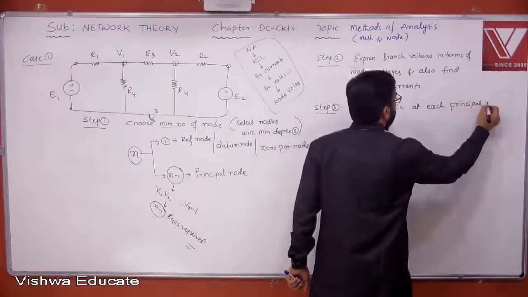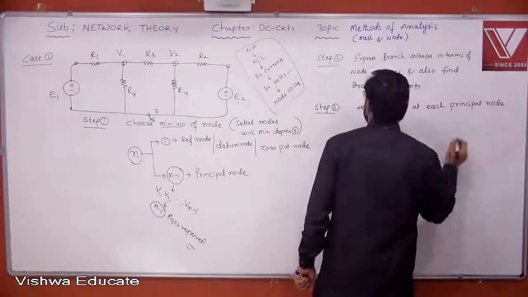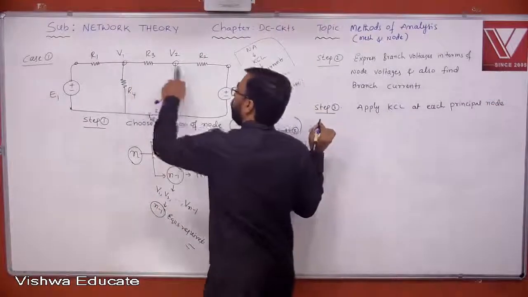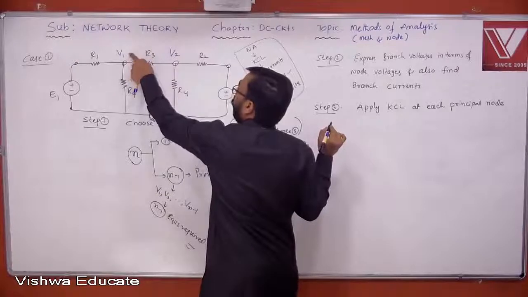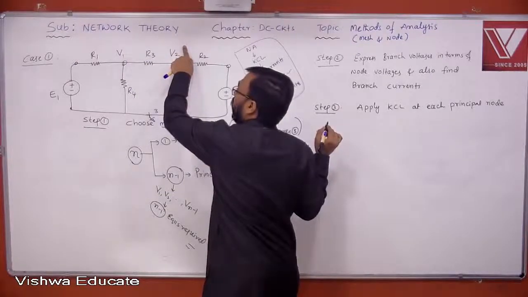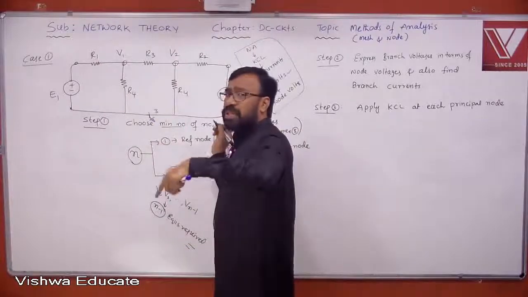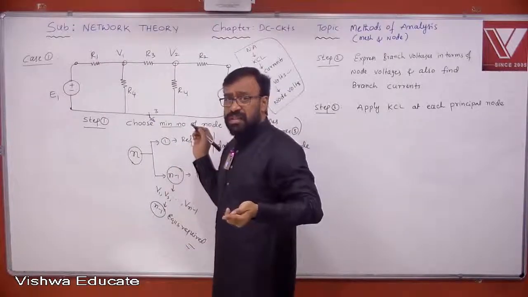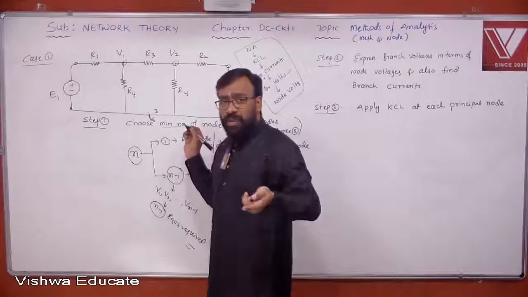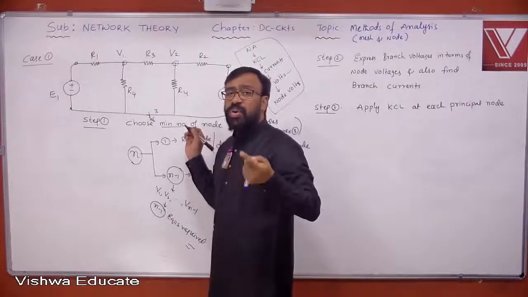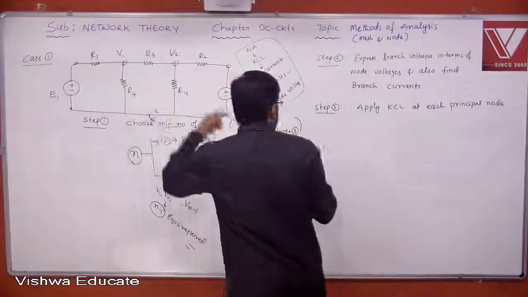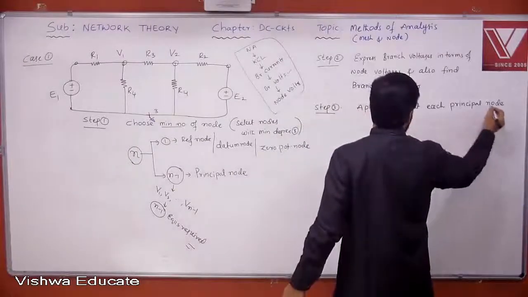Wherever you have a node variable, what are the node variables? Definitely voltages. What are the loop variables in mesh analysis? Currents. Loop variables are loop currents. Node variables are node voltages. Yes or no? So therefore, apply KCL at each principal node.